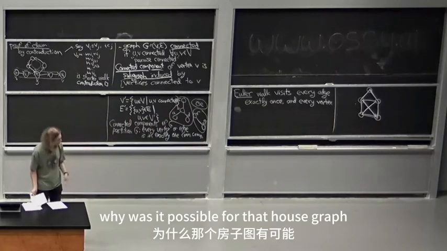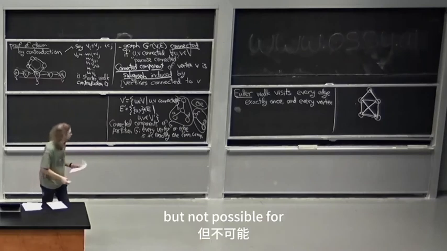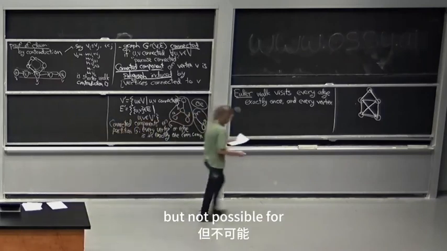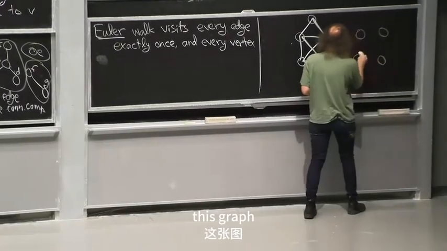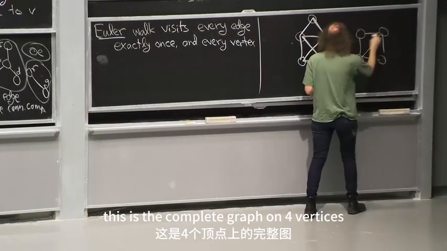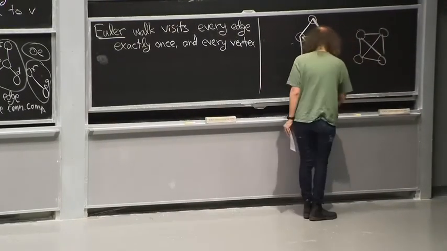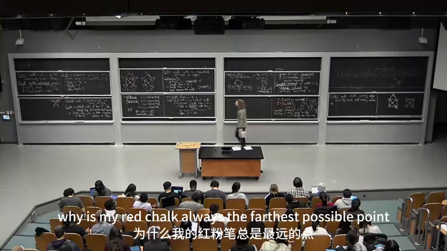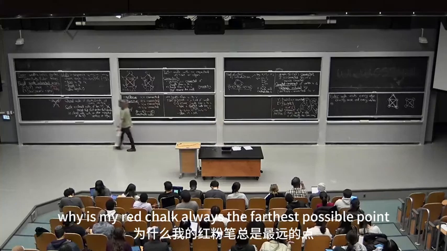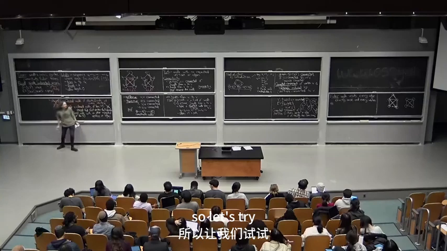Why was it possible for that house graph, but not possible for this graph? This is the complete graph on 4 vertices, and you can't draw this in a single path. Why is my red chalk always the farthest possible point? So let's try.